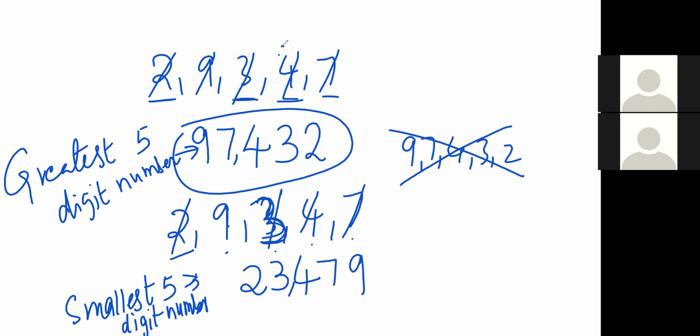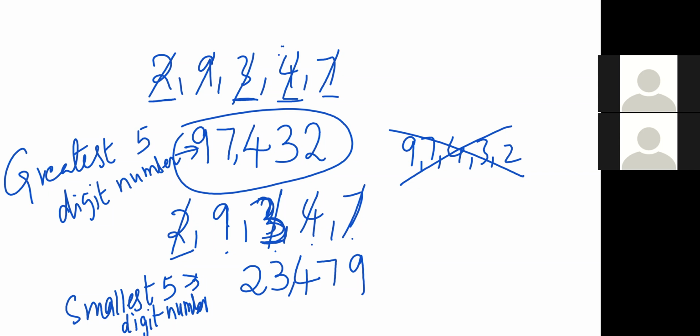It's 23,479. What does it mean actually? He is asking to create a smallest or greatest digit number, no? That means other than this number, you cannot find any other smallest 5-digit number. Got it? By using those digits, the only smallest 5-digit number you can form is this one, 23,479.